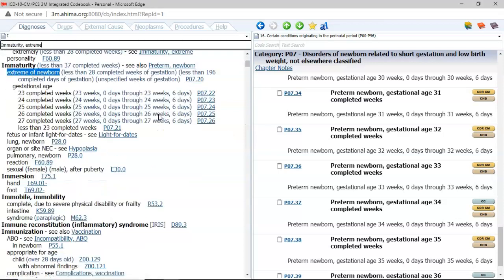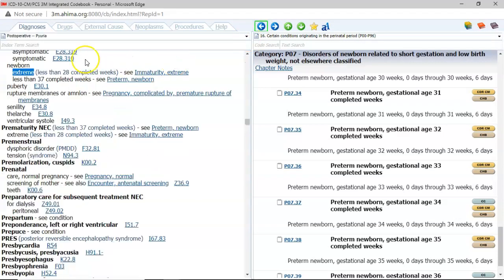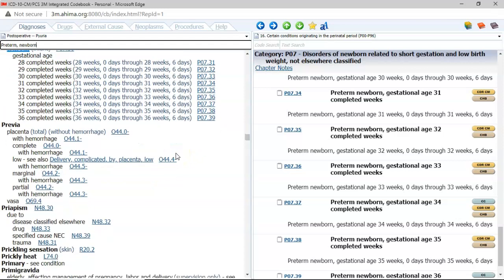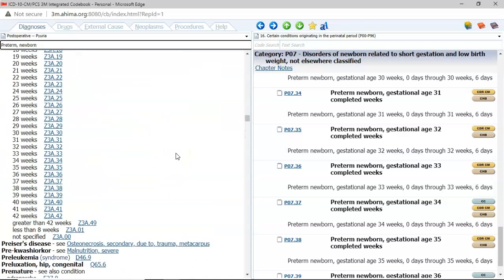So if we click on immaturity extreme of newborn gestational age, we'll find these codes here. And if we do less than 37 weeks completed, we can go to preterm newborn and find the codes here for the preterm newborn.